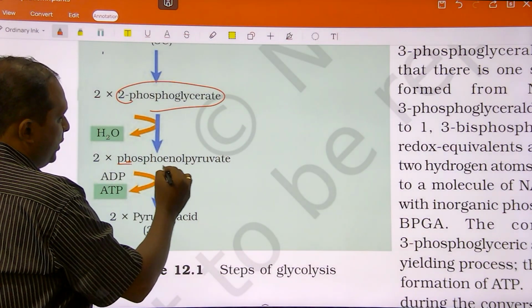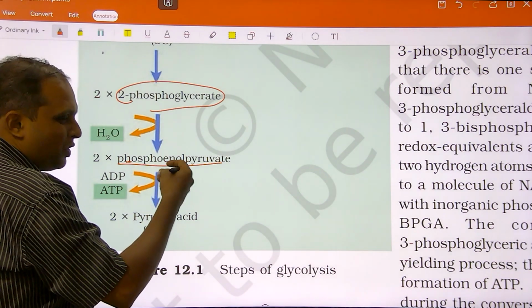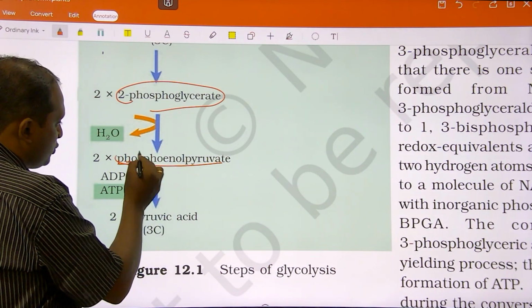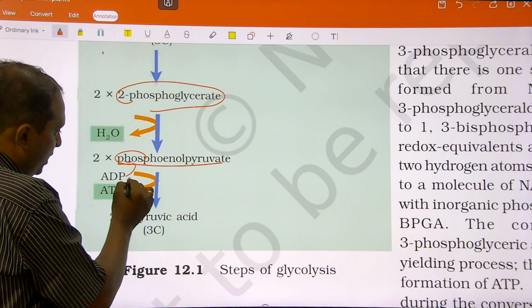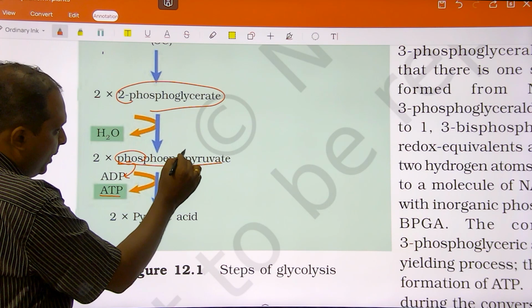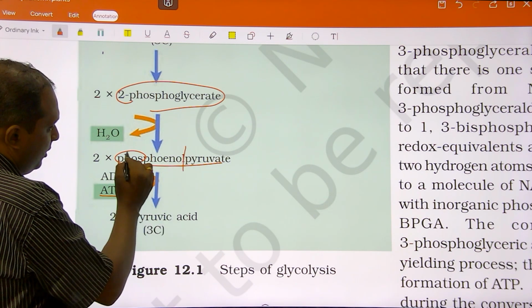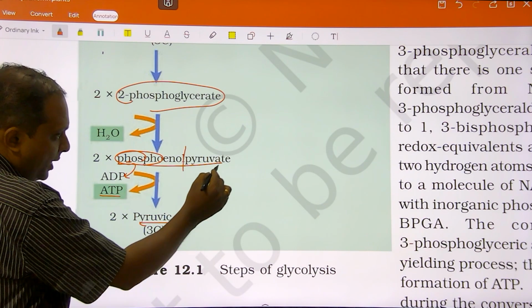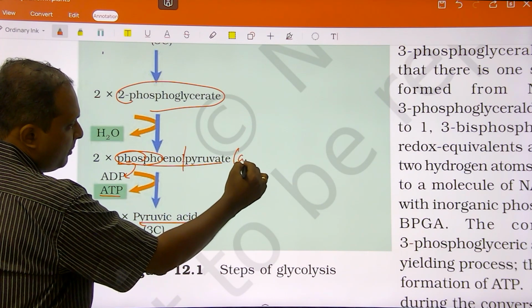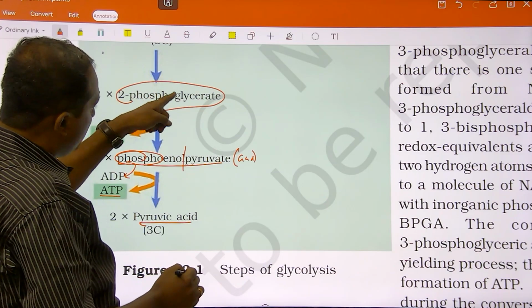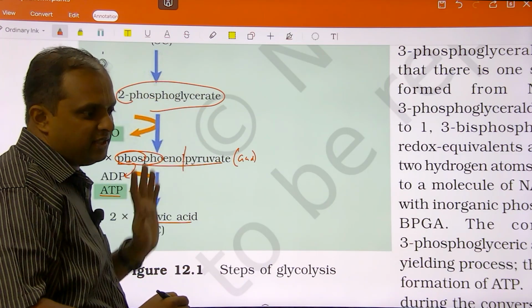2-phosphoglycerate becomes phosphoenol pyruvate. The enol is some sort of chemical linkage, right? அதுக்கப்புறம் இந்த phospho again combines with ADP to become ATP. So only pyruvate is remaining, right? இப்போ வெறும் pyruvic acid. Pyruvate தான் pyruvic acid. ATE-ன்னா it is nothing but acid. 2-phosphoglycerate means 2-phosphoglyceric acid.